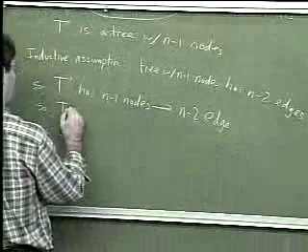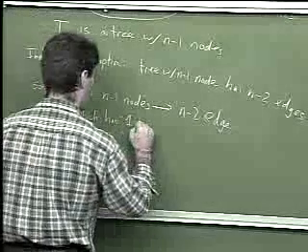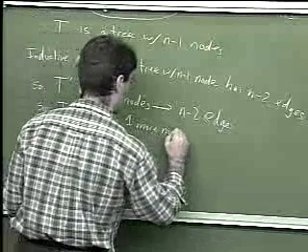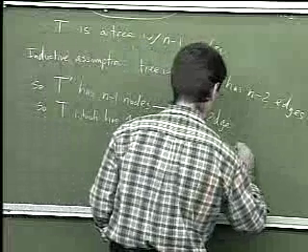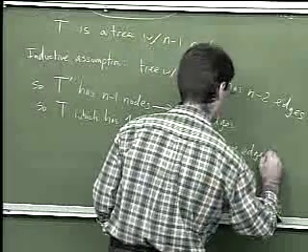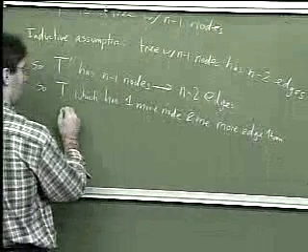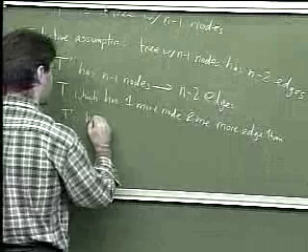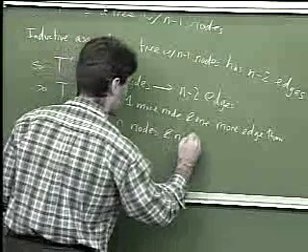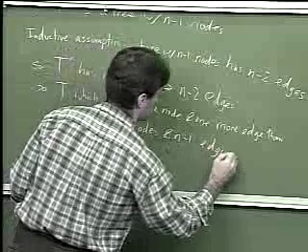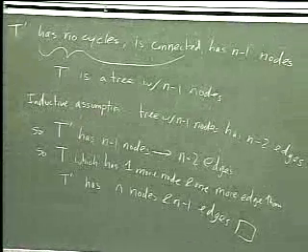So T, which has one more node and one more edge, has n nodes and n minus 1 edges. So we're done. We proved the inductive step, right?